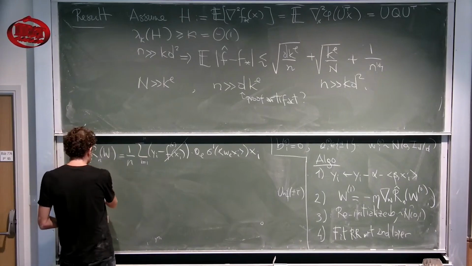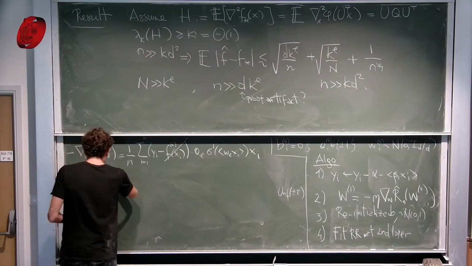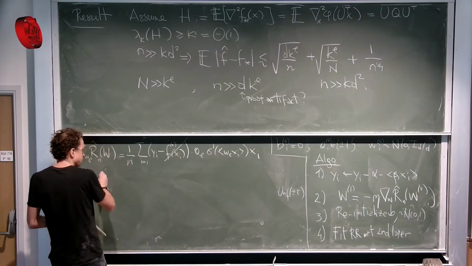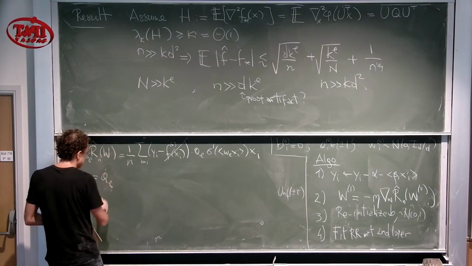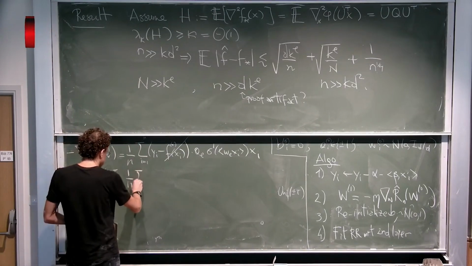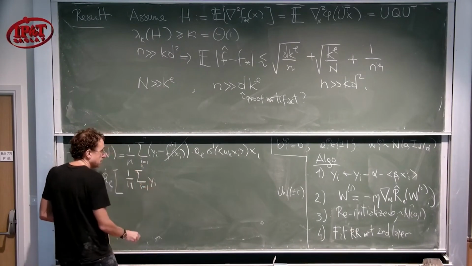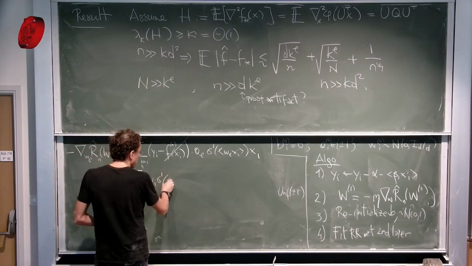So this will be 1 over n, but let's say L, so this doesn't really matter, times 1 over n, the sum over i from 1 to n of y_i times sigma prime of w_i.